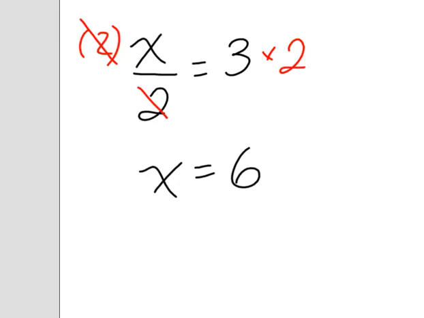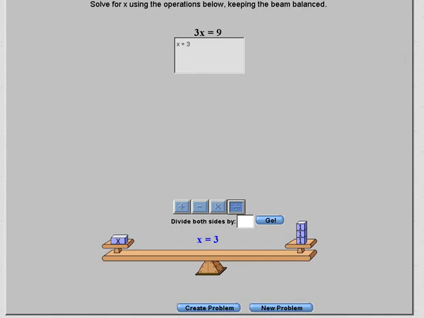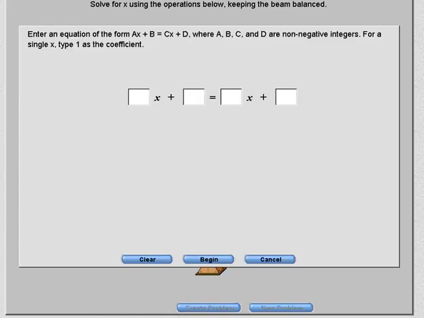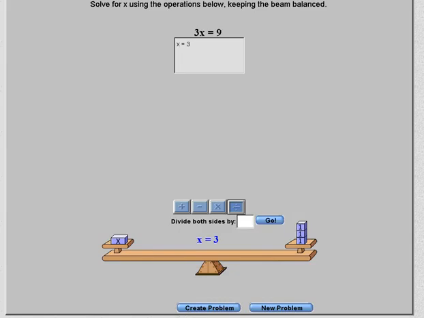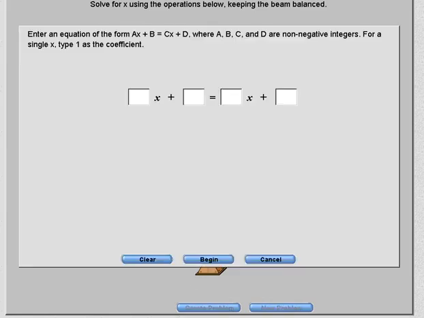I would like you to go back to the virtual manipulatives and make some of your own equations up. You just do that by hitting Create Problems, and I want you to play around with it and see if you can figure out how you might solve. And here's an interesting one for you to think about.